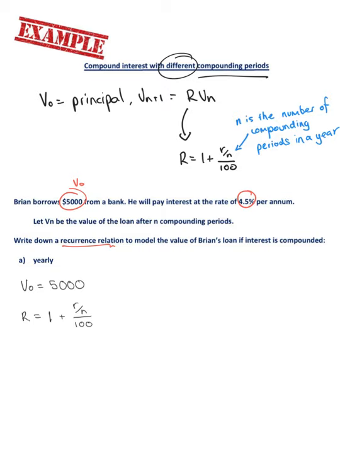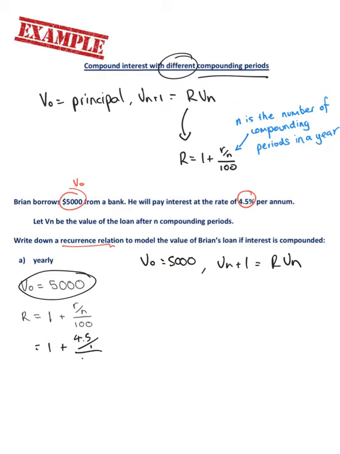So remember our rule needs to take the form of the above, where it was V of naught equals the principal, and then V n plus 1 equals R V n. So we know the principal, that was 5,000, as we've got over here, which I entered in earlier. But we need to figure out the rate. So the rate is going to be 1 plus, what was our interest rate? 4.5 divided by the number of compounding periods, which, well, it's yearly, so there's 1.